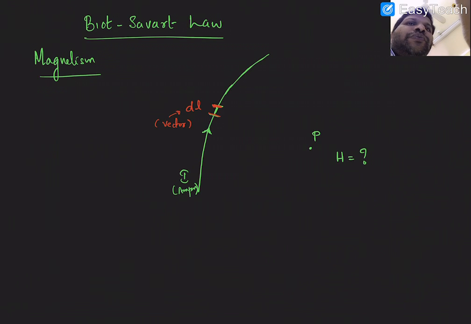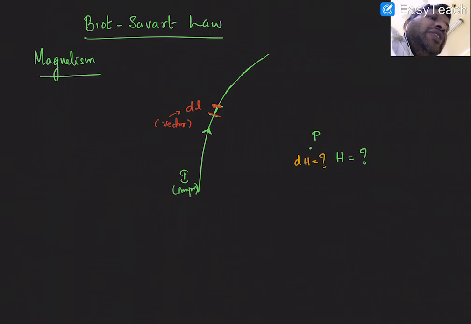Now, due to this current element of differential length dl, we can have a small magnetic field dH at the point P. How is it related to the current and the differential length dl?